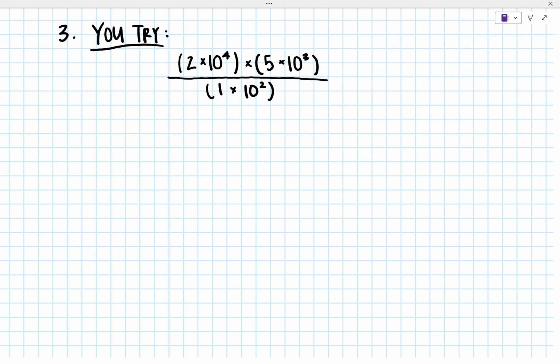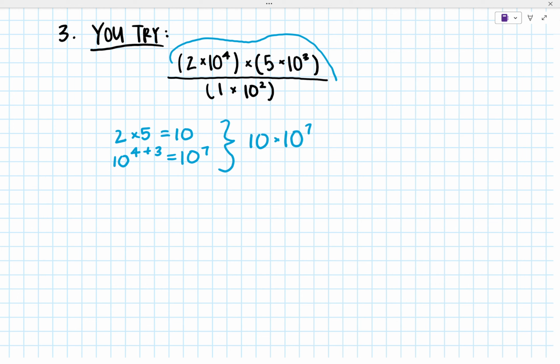Okay, so hopefully you first combined these two, which will be 2 times 5, multiplying the coefficients, which is 10, and then because of the product property of exponents, you added the exponents together, which will equal 10 to the power of 7. Combining these two will be 10 times 10 to the power of 7.